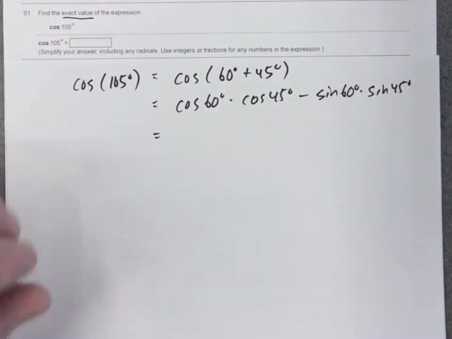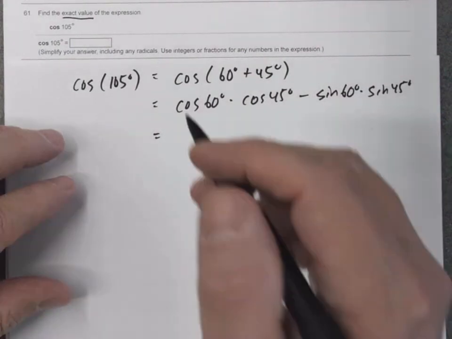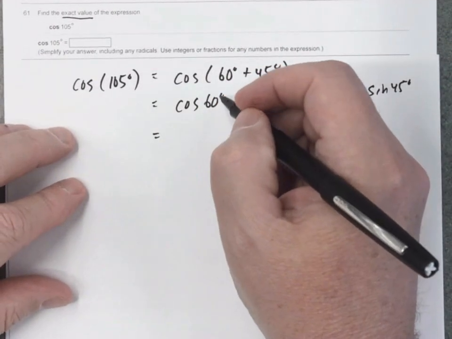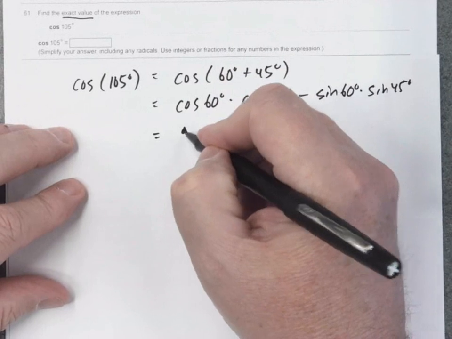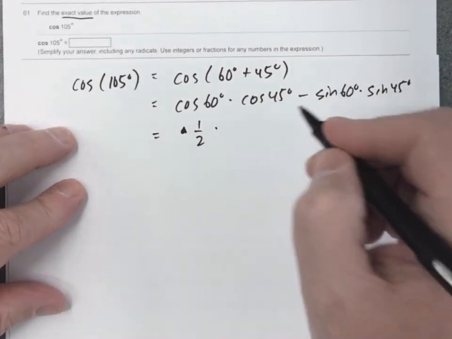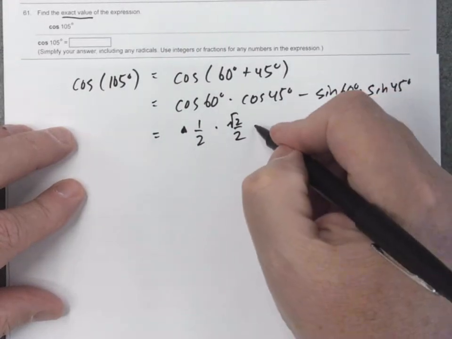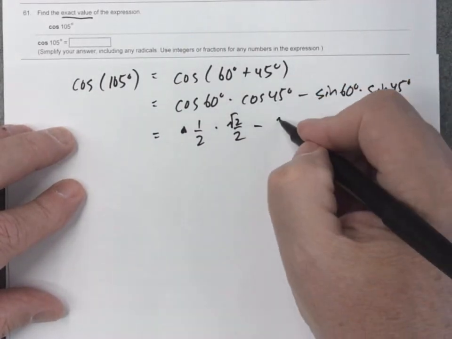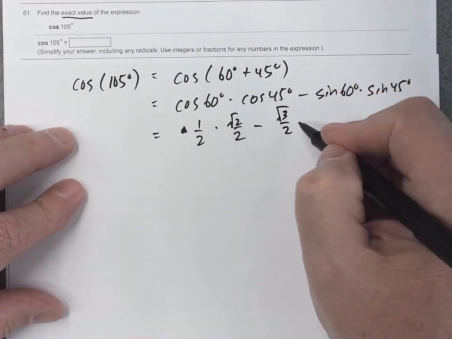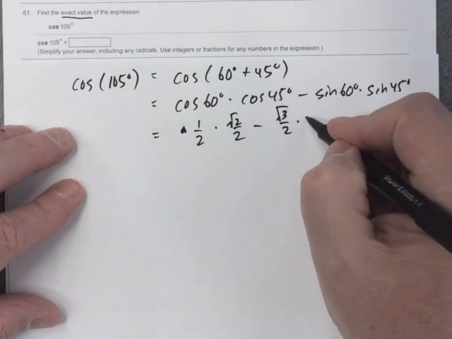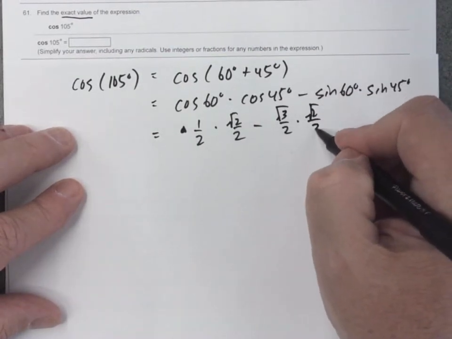Now these are all special angles, so I can go to the unit circle and figure things out. Cosine of 60 is 1/2. Cosine of 45 is square root of 2 over 2. Minus sine of 60, square root of 3 over 2. Sine of 45 is square root of 2 over 2.